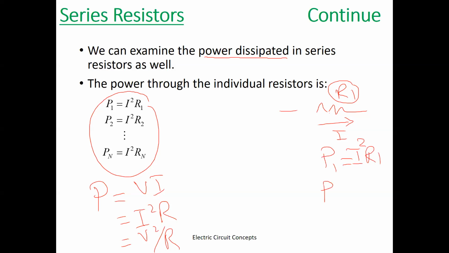If I have a second resistor, it will be I squared times R2 and so on. So as you notice here, we have to use the current through that resistor, squared, and also the current through resistor number 2, R2, in order to determine the power dissipated in each resistor.